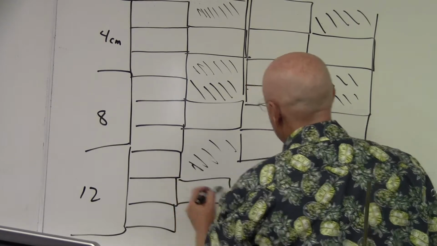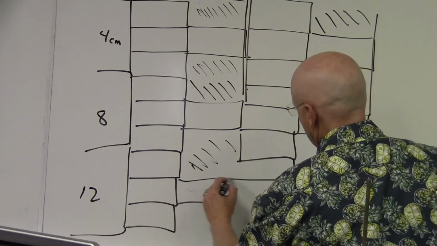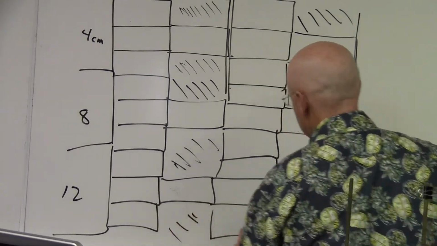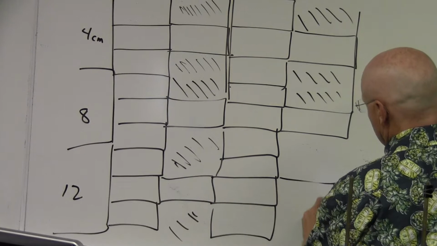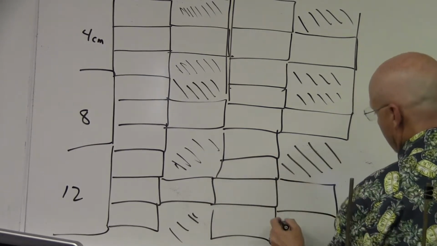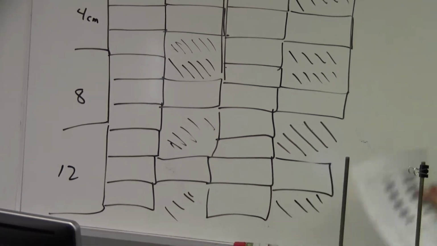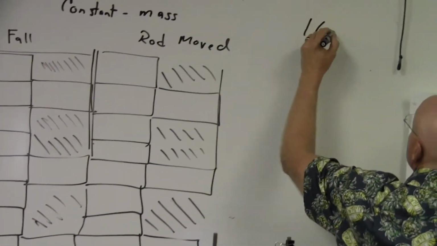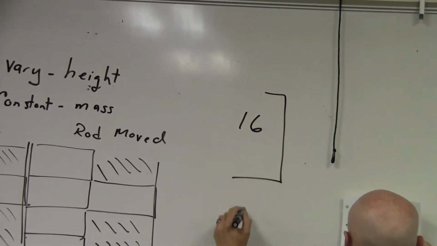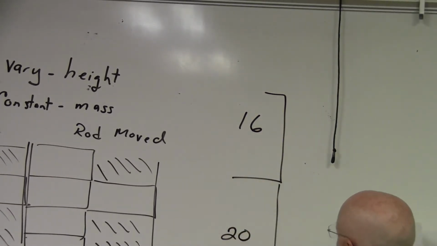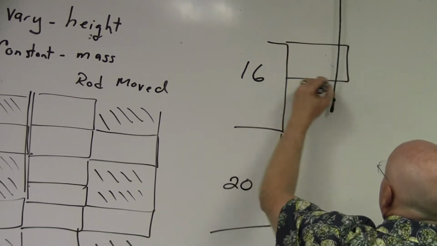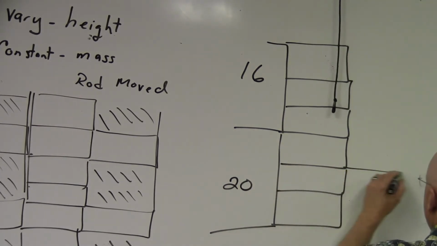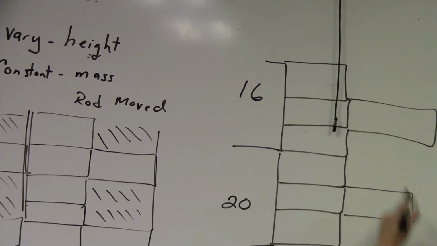This is all grayed out. 1, 2, 3. And grayed out, and then average. And I'll just continue with my chart over here. Then there's a 16, and it leaves enough room for 3. And then finally the last one is a 20, which leaves room for 3. So 1, 2, 3, 1, 2, 3, average, average.